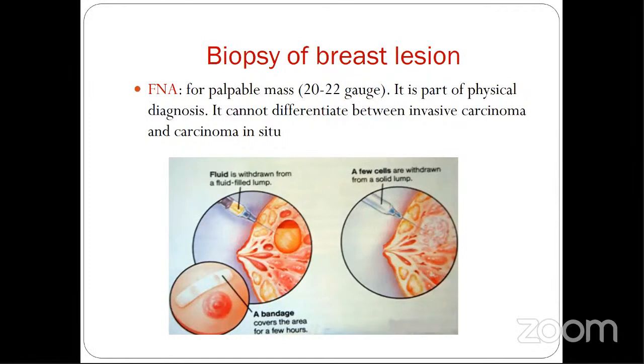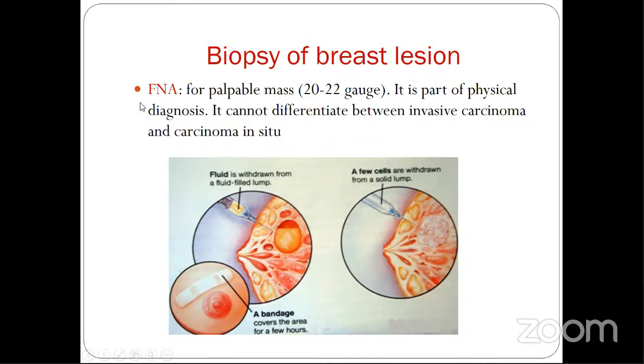We finish radiology, then we'll go for biopsy of breast. We have many types of biopsy of breast. First, fine needle aspiration. As we can see here, we have a palpable mass here.